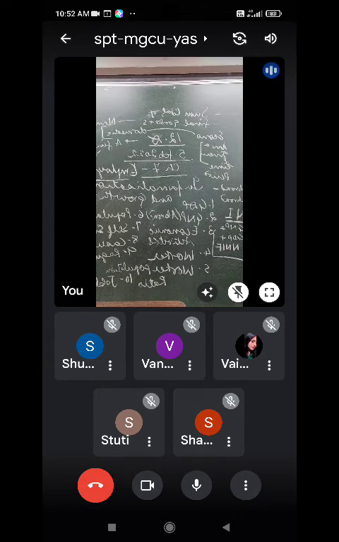And the formula is number of workers in India divided by population of India into 100. And this worker population ratio is in percentage form.